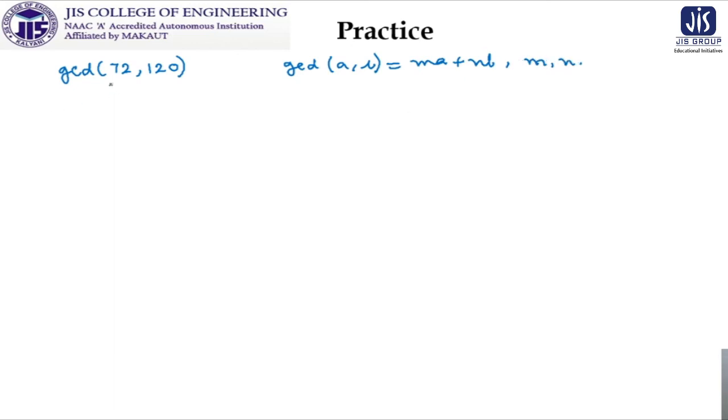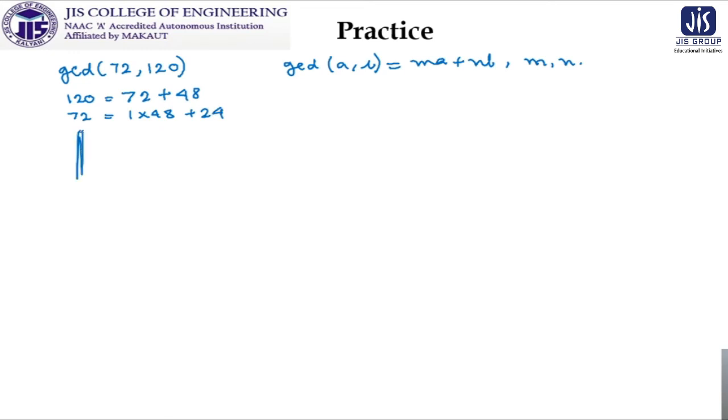So here our numbers are 72 and 120. If we want to find the GCD in this manner, we can write 120 is equal to 1 into 72 plus 48. After that, we take 72 and write it as 1 into 48 plus 24.